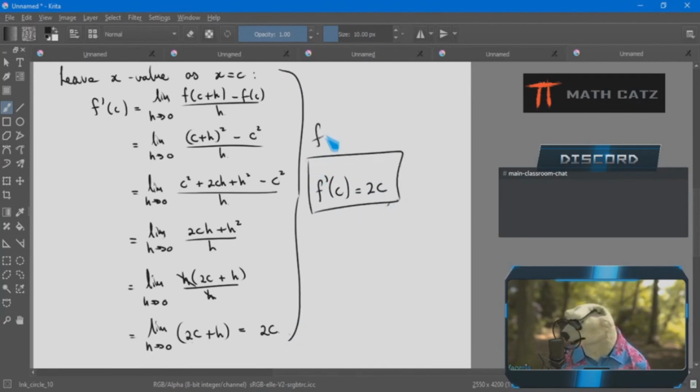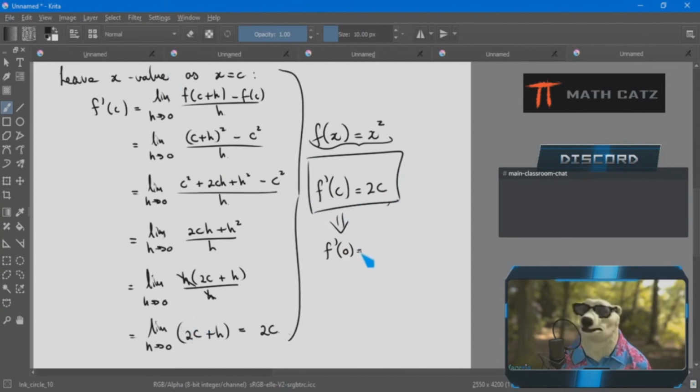So that is now, if my function is x squared, then the derivative at an x value that I've left open and called c is given by the formula 2 times c. So that then means that if I want to know what happens at 0, I use this box.